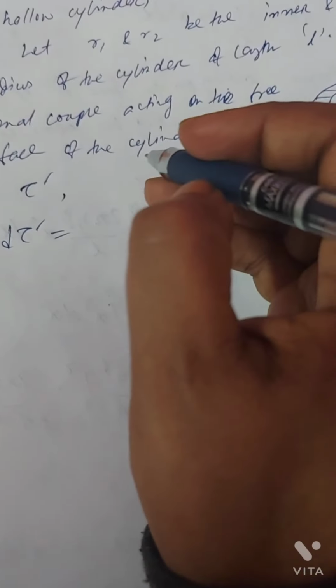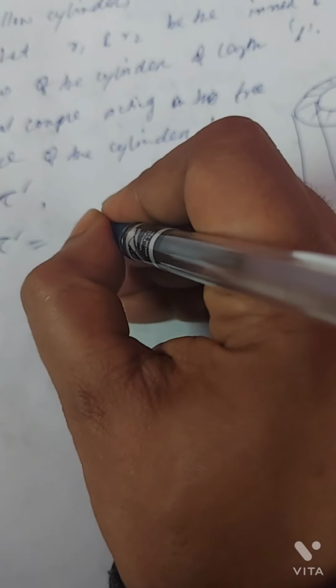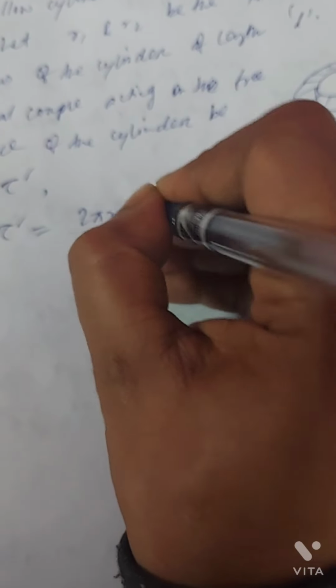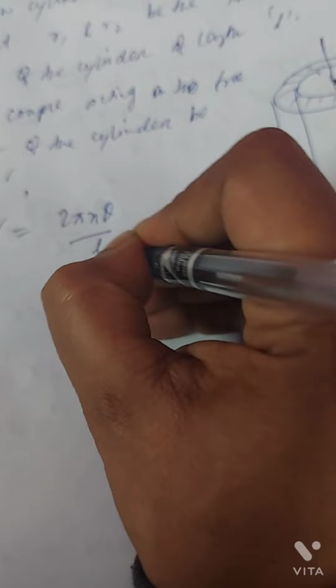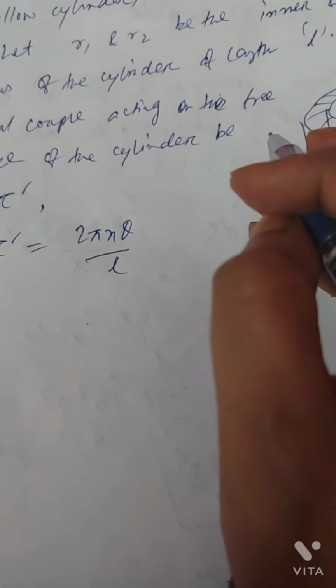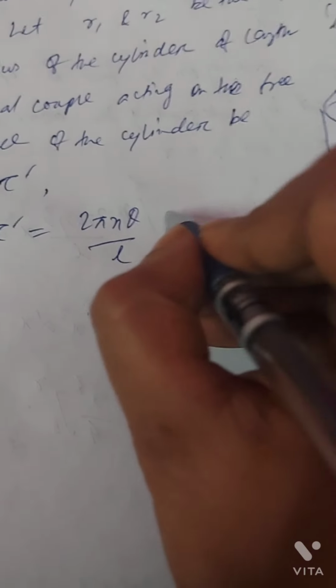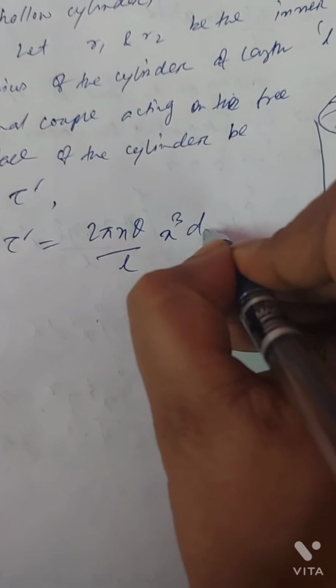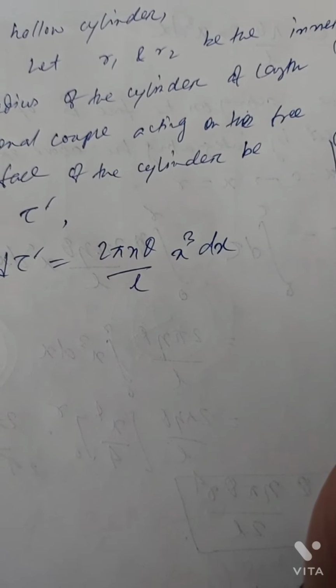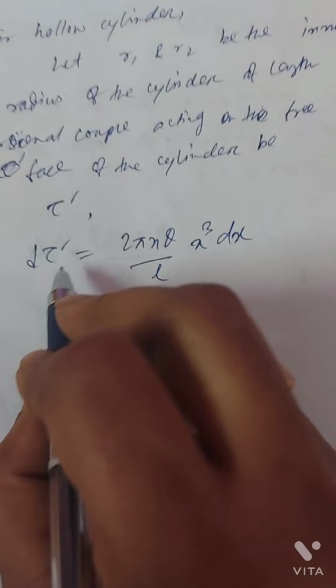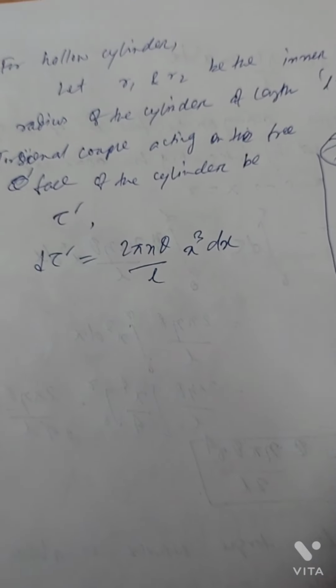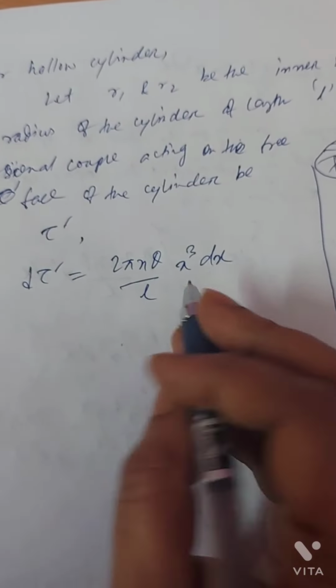The d tau dash was given by twice pi eta theta by L x cube dx, this was the expression for that hollow cylinder of thickness dx.